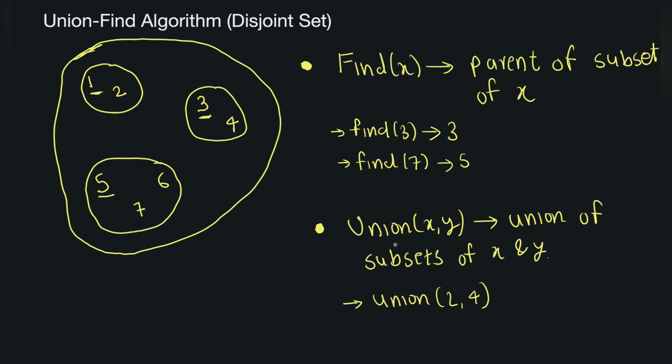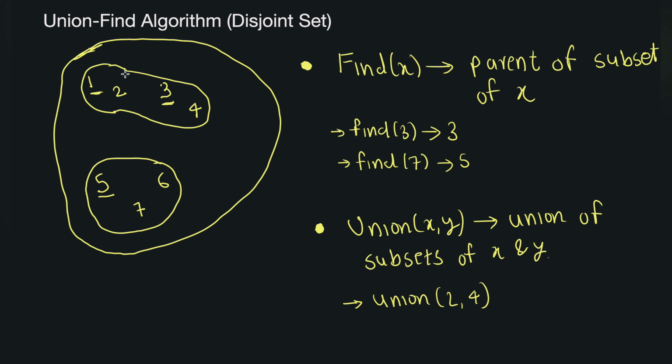It has one more crucial method, union xy. So what this does is it does a union of subsets of x and y. So for example, if you do the union of 2 and 4, what it does is basically combines these two subsets and creates a big subset out of them and assigns one of them new parent.